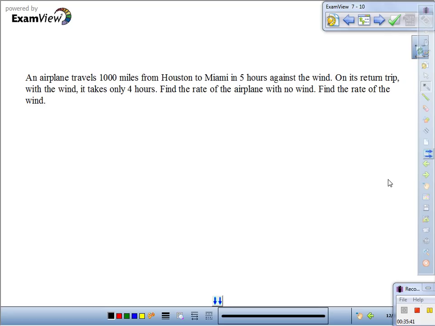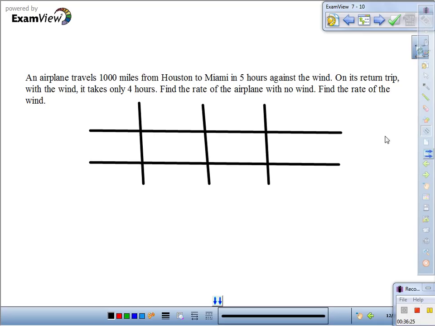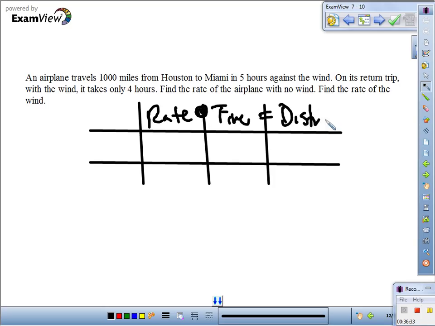So I'm going to give you a head start so you can set up, write your equations, and then start solving. Ready, go. All right, here goes the setup really quick. 3 lines down, 1, 2, 3, 2 across. This is a rate problem, so you wrote rate times time equals distance.